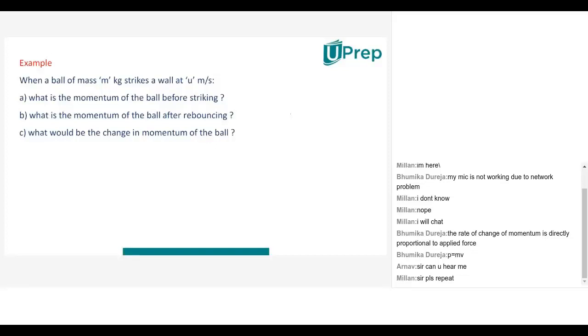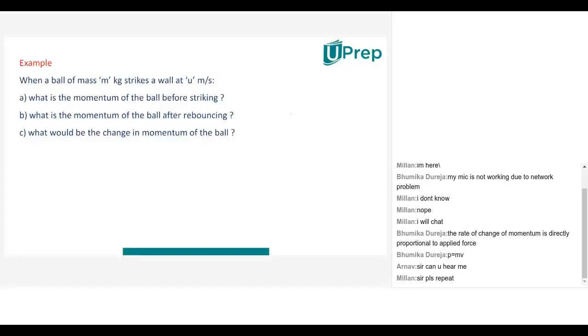Mass into velocity. Very good. What is the mass here? m. What is the velocity before striking? u. So what will be the momentum here? mu will be the momentum as per your equation, mass into velocity.